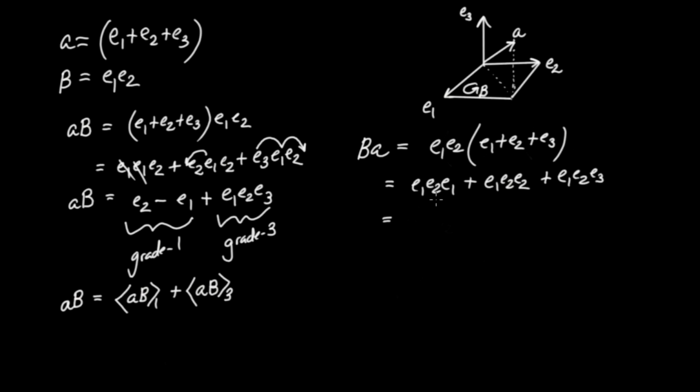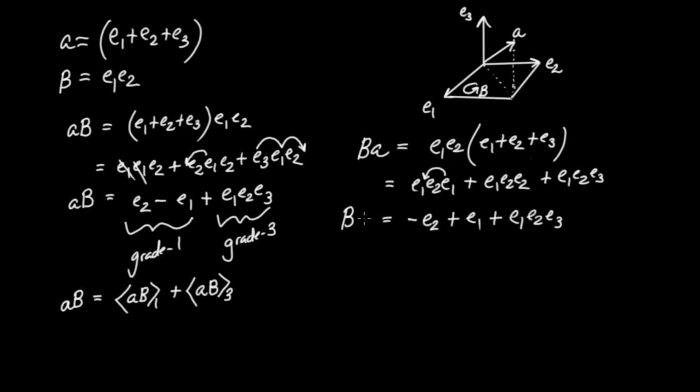Let's have a look here. So what I'm going to do is move this over here. So it's one swap, taking one minus sign. I'm going to be left with minus E2. E2 squares to plus 1. So I'm left with plus E1. And then there's not much I can do with that. So plus E1, E2, E3.